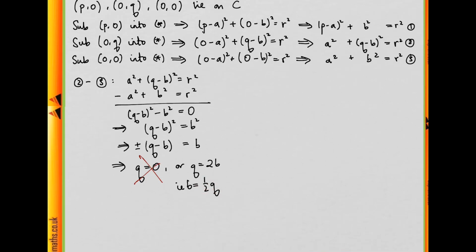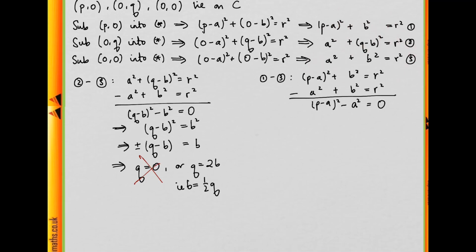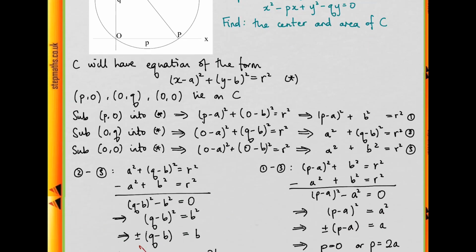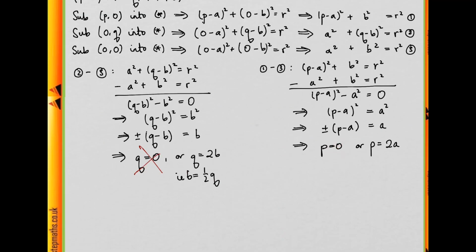Similarly, if I do equation 1 minus equation 3, then we can eliminate b and r. If we solve this for a, we get either p is 0 or p is equal to 2a. Like before, we know that p is positive, so we can't have p equal to 0. So p is equal to 2a, or a is equal to a half p.